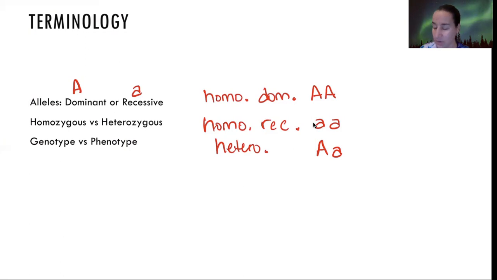Other terms that we need to talk about are genotype and phenotype. We're going to mention this and then show different examples later on. A genotype is simply the genes that there are.